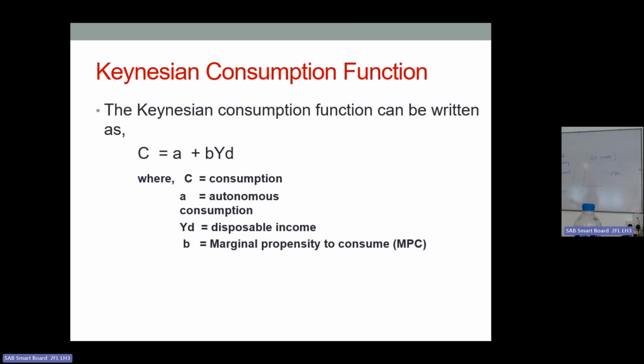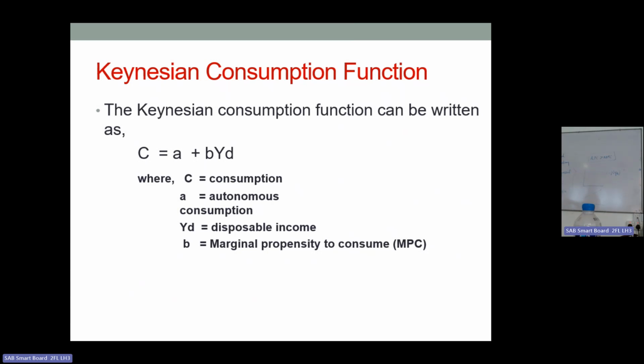What is b? It is the slope of the consumption function. That is called the marginal propensity to consume. So when income Y increases, how much consumption changes is given by the marginal propensity to consume.